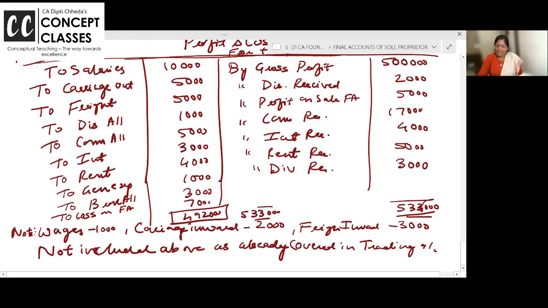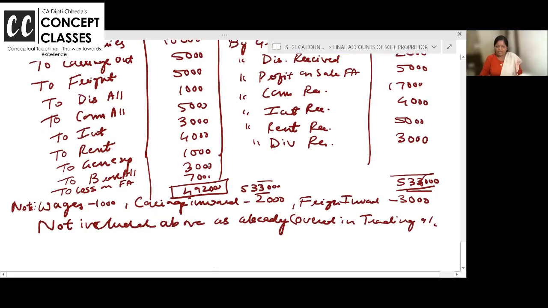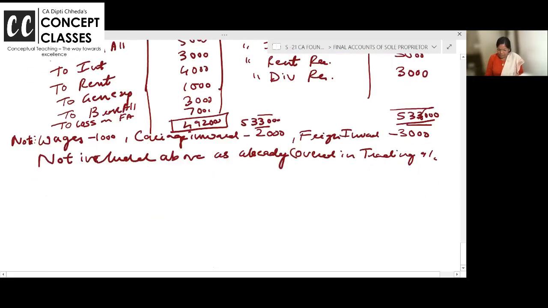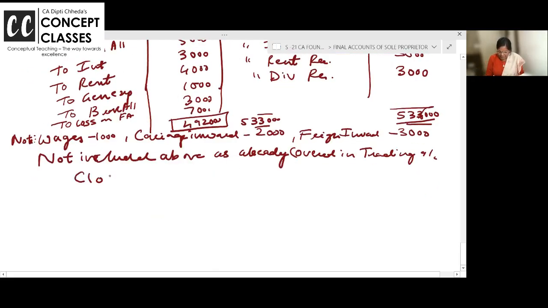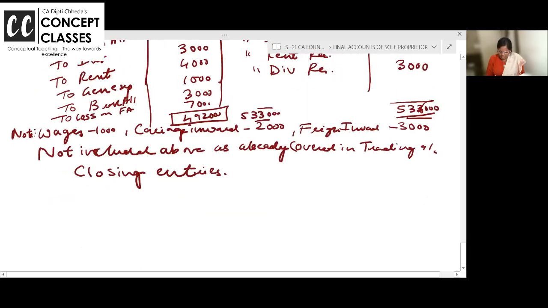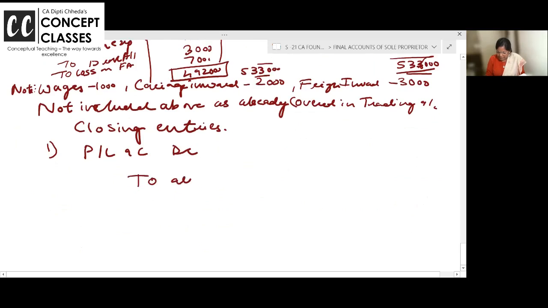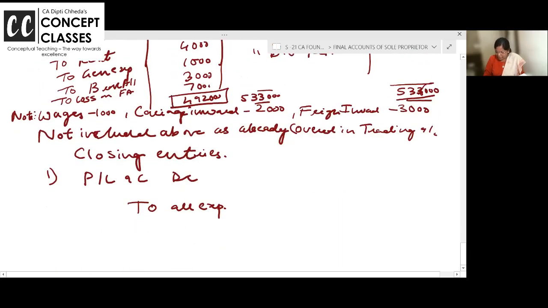Okay. And if they ask you to write the journal entries, I'm not making you write all the entries, but the closing entries, just the format. पूरा copy करने की जरूरत नहीं है अभी. But if they ask you for journal entries, write the closing entries. What will be your first entry? P&L account debit to all expenses. Don't write all expenses in the exam; write P&L account debit to salaries and so on.